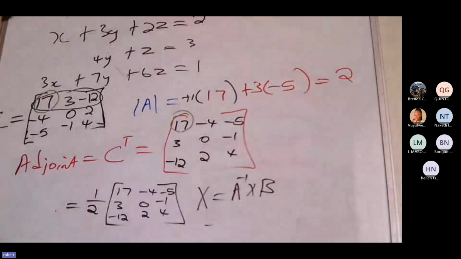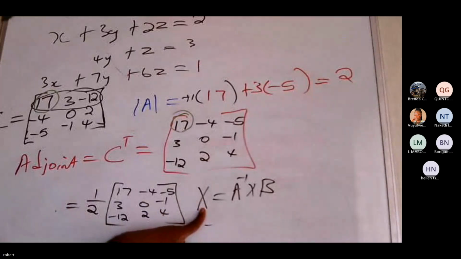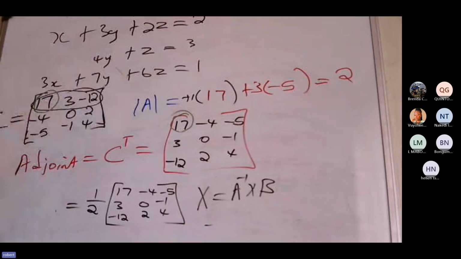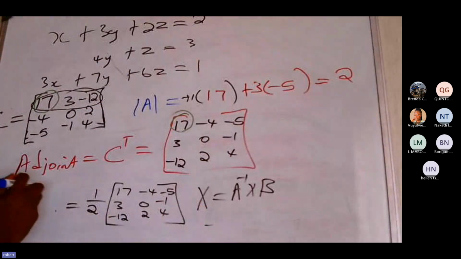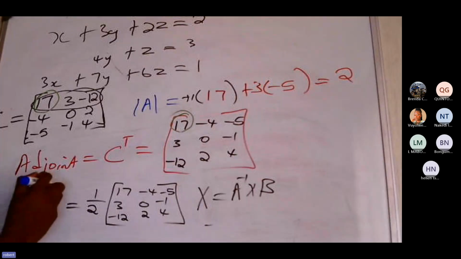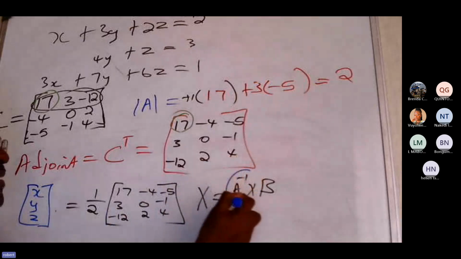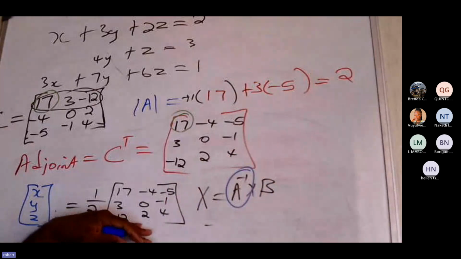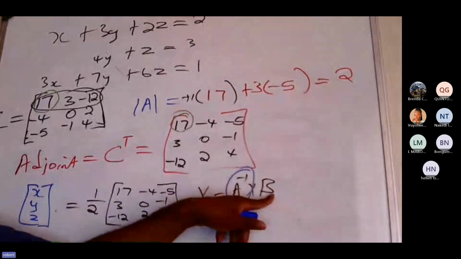We are saying X, meaning our unknowns, is X, Y, Z. It will be this. It's equal to this, which is this. Hopefully it makes sense. Then multiply by B.